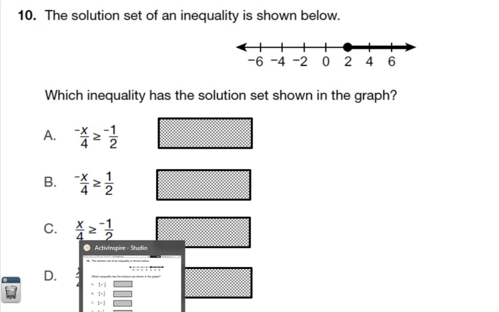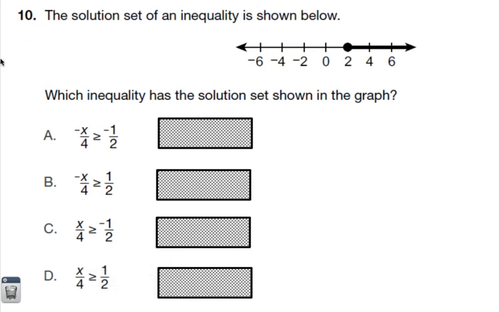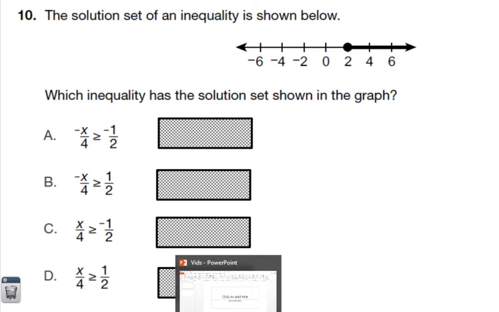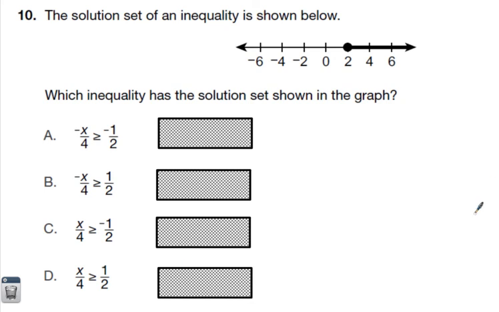Read this, please, first. The solution set of an inequality is shown below. Which inequality has the solution? Okay. So essentially, which one of these, when you were to solve it, would end up with that graph? Something I just thought of to do.